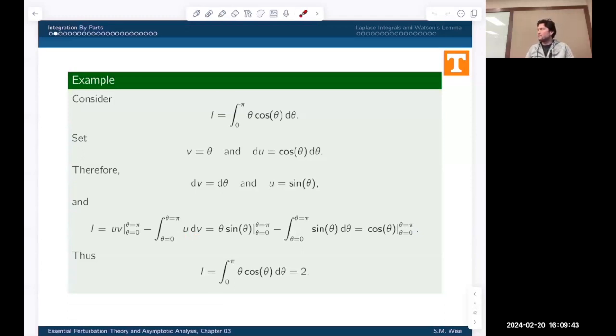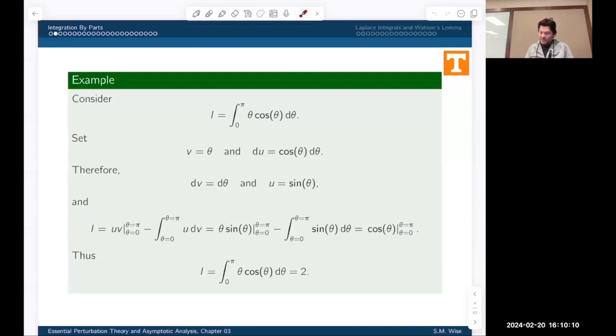I know this is not very difficult. This is sort of trivial stuff. We can substitute back in for u and v. So u is sine theta, v is theta. When I evaluate at the endpoints, I get 0 in both cases. In the first case, if I put in theta equals pi, sine of theta is 0. In the second case, both theta and sine theta are equal to 0.